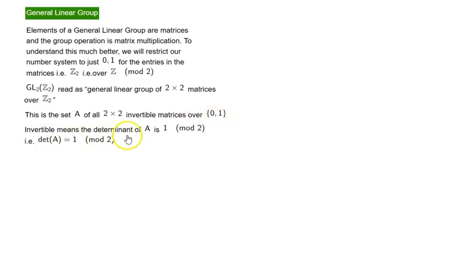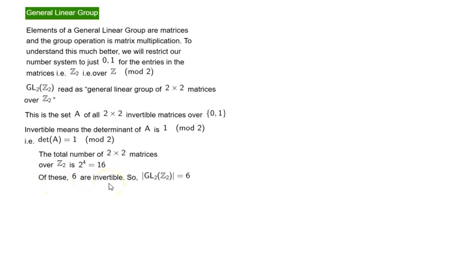Now, invertible means the determinant of A is 1 mod 2. So the total number of 2 by 2 matrices over Z2 is 2 to the power of 4, which is equal to 16. Of these, 6 are invertible. So the order of GL sub 2 of Z2 is 6.